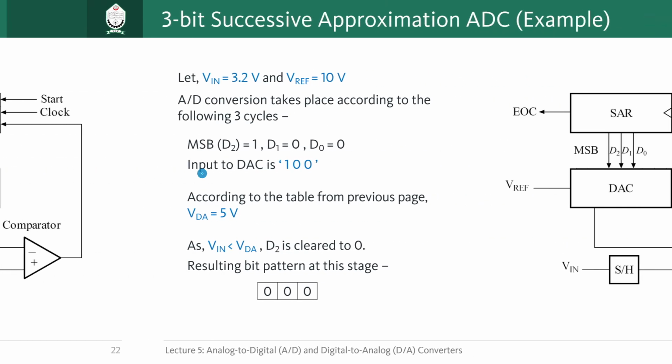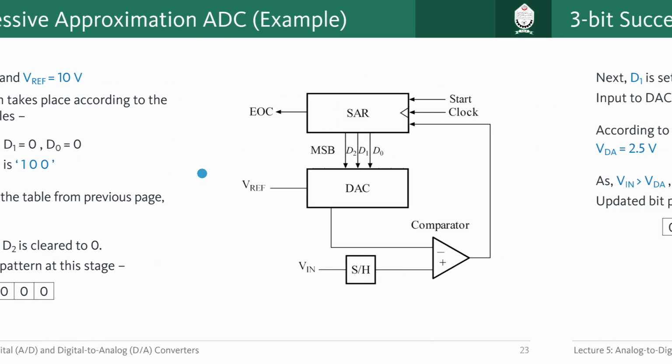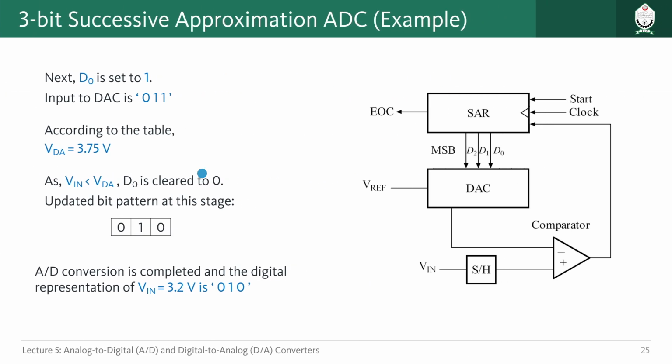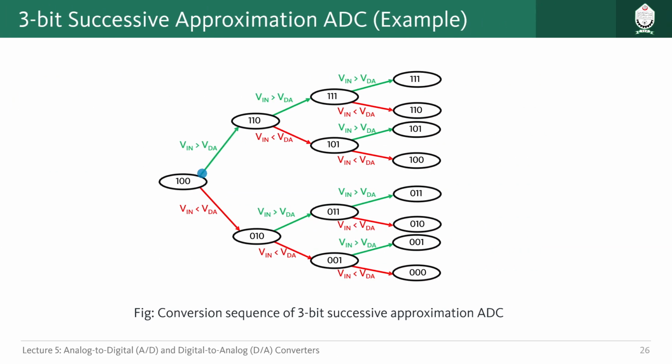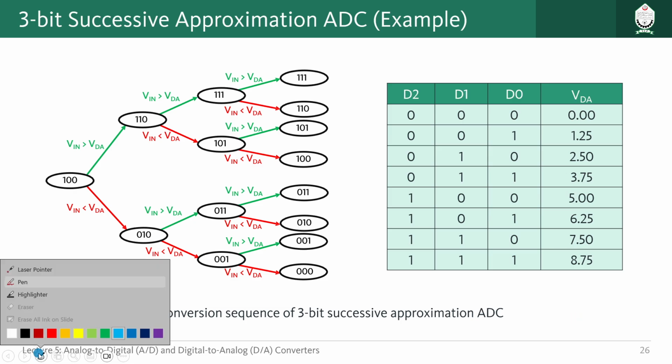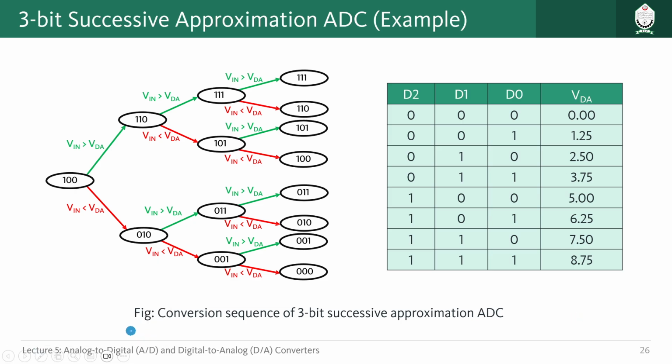Now, to understand the intuition of this device, how iteratively we can guess a value, let us look at this particular graph. Let us think of a situation where our 3-bit ADC has got an input analog signal of 6.5 volt.